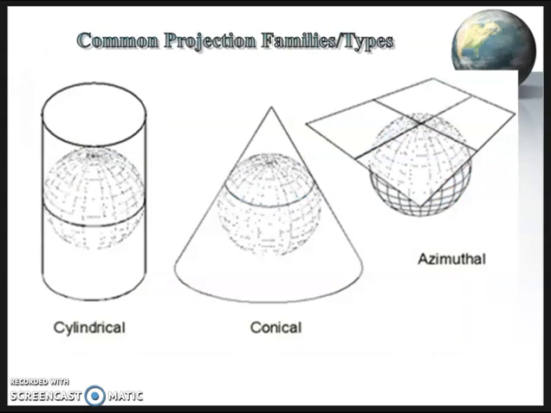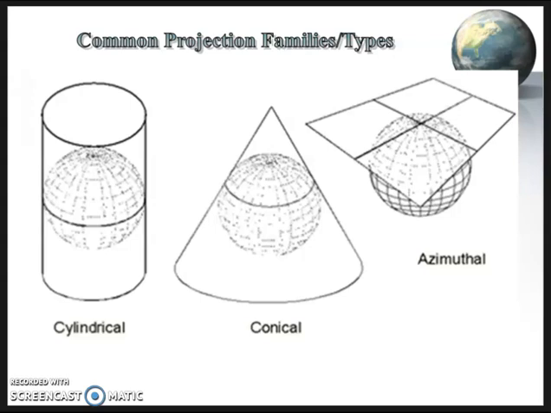As I was just saying, any projected data is based on a specific projection. This projection contains a projection method that is part of a projection family or a projection type. The three main types of projection families are cylindrical, conical, and azimuthal. Cylindrical projections are used for areas near the equator and for the entire Earth, but with very large distortions.